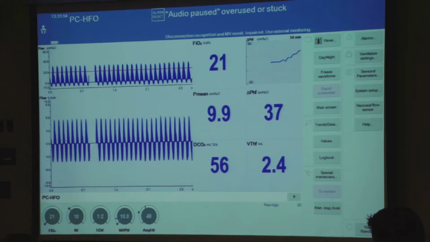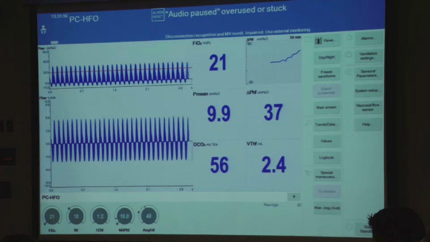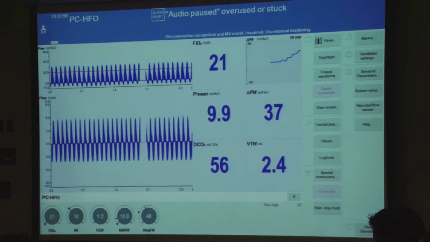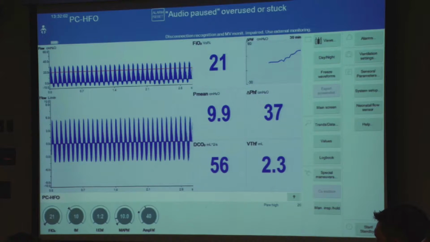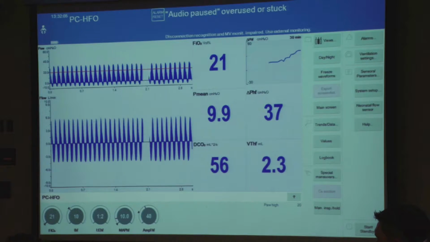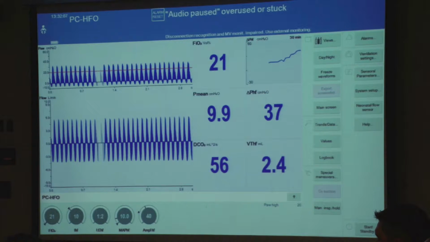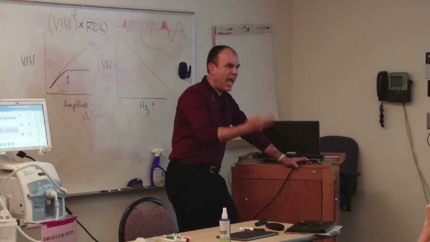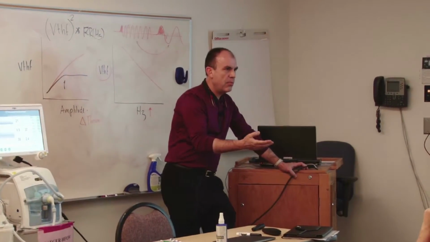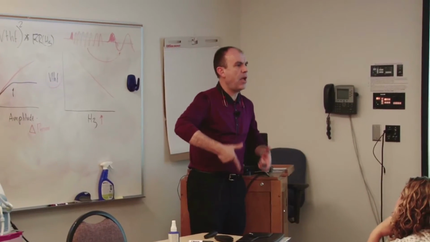Yeah, definitely. But what doesn't happen with this is, because the expiratory phase is not so active as it is with the SensorMedics, you don't run the risk of going into negative pressures in the airway. That's a risk you have with the SensorMedics, because it has a huge diaphragm.